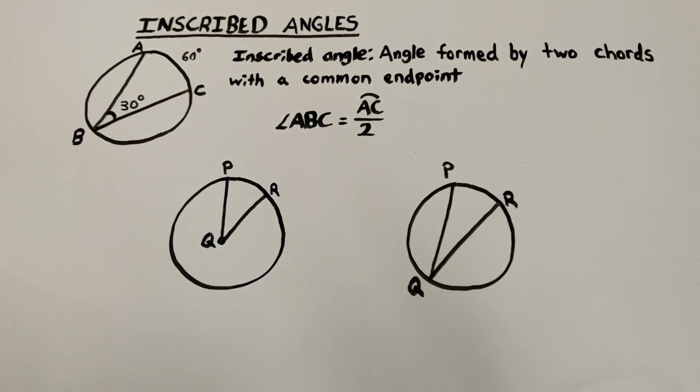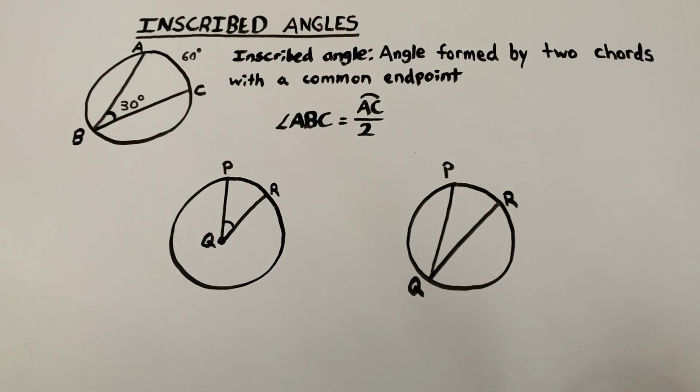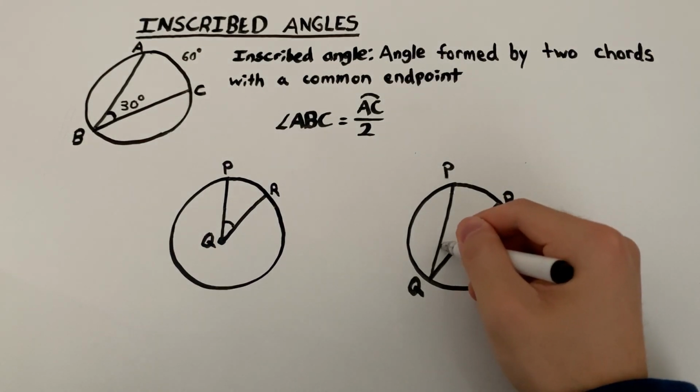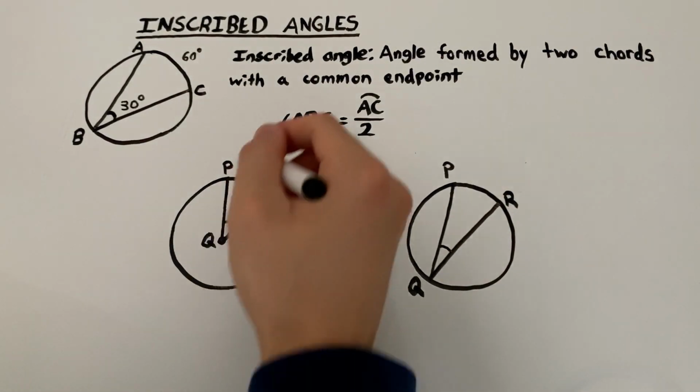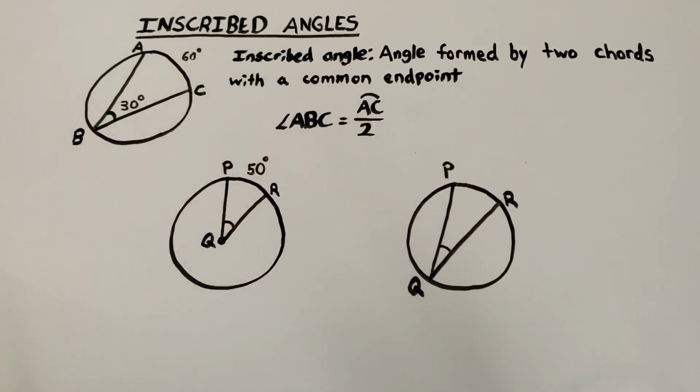Now to really make sure that you understand what an inscribed angle is, and you're not getting confused with something else, we're going to find two angles. We're going to find this angle and this angle, given that arc PR is 50 degrees for both of them.